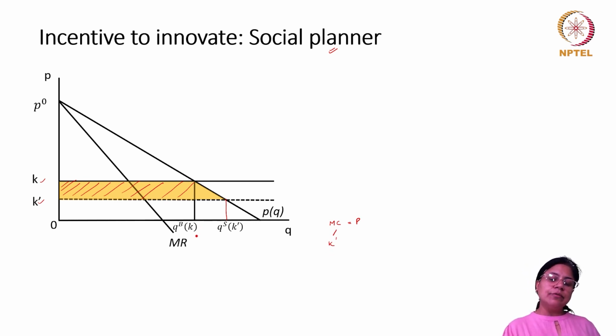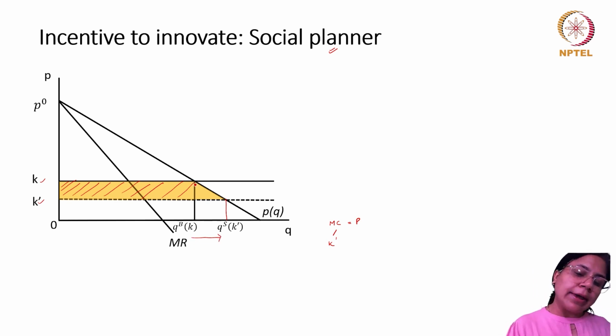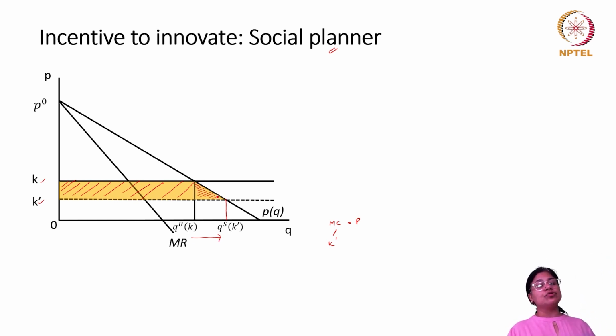In that case, we see that the quantity supplied increases in the market. And there is this triangle that adds an additional dimension to the motivation that a social planner will have, let us say, to motivate or subsidize innovation.